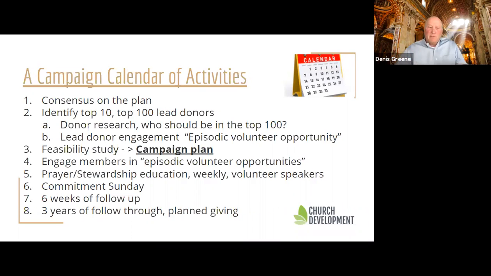All right, so I'll wrap this up. We do 6 weeks of follow up, and then we do 3 years of follow through. And that's where we really want to encourage an increase in weekly giving and an increase in planned giving as well.